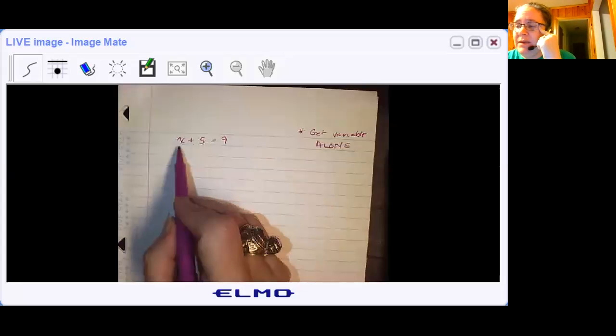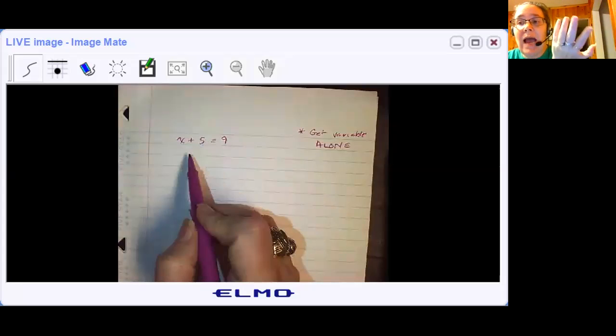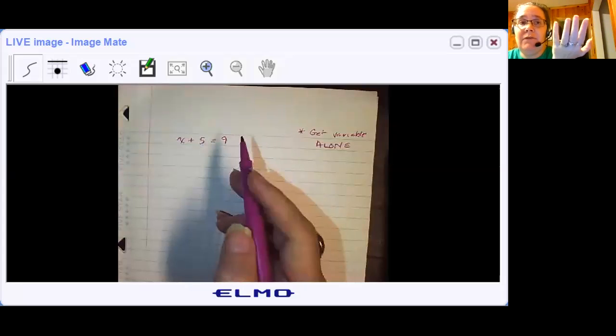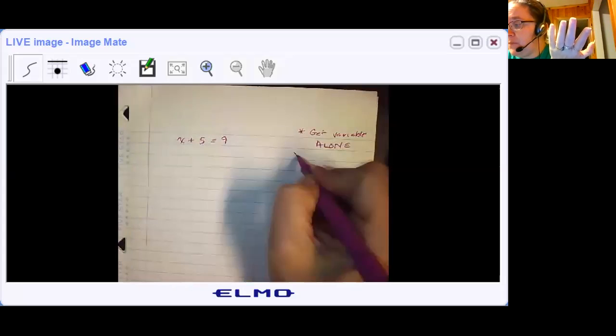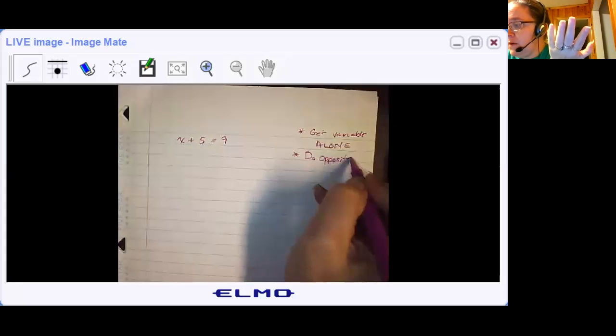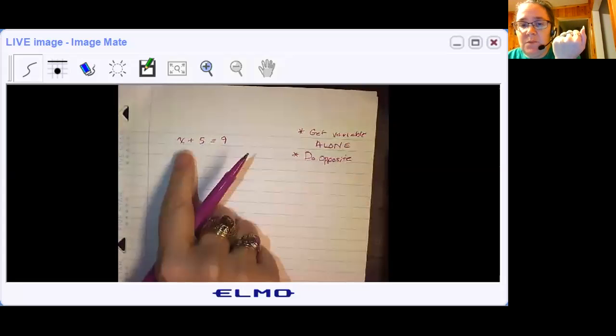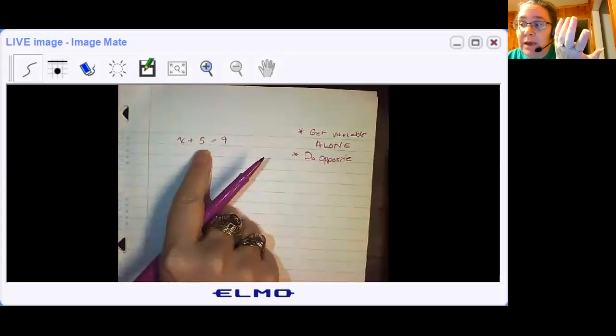Now, if x is by itself, that means I want to get rid of this plus 5. So how do you get rid of 5? If you have a plus 5, how do you get rid of it? You do the opposite. We call these inverse operations most of the time, but we're doing the opposite. So if this says plus 5, how do I get rid of it?